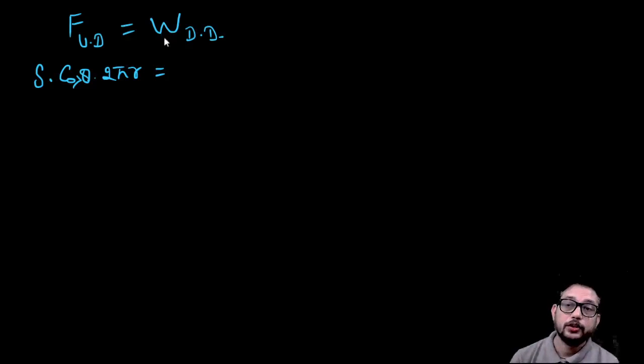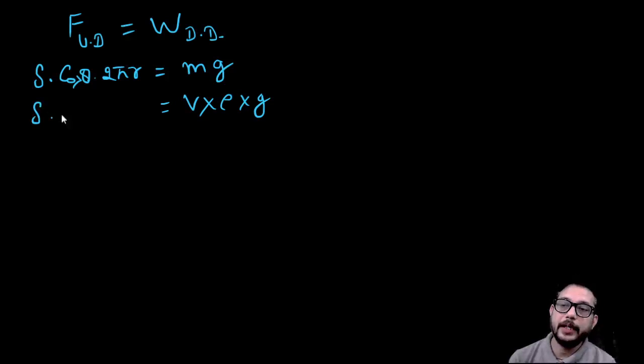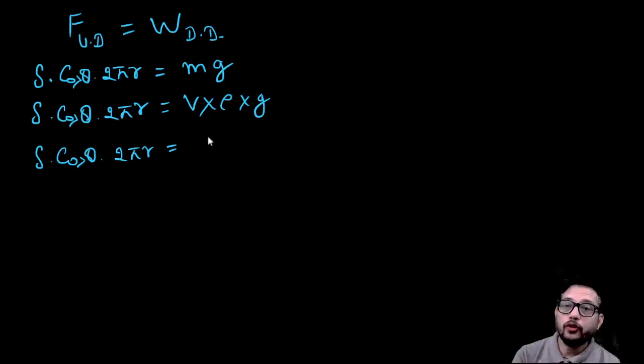Now the weight is nothing but mg, where m is volume into density, so mg is volume into density into g. So S cos theta into 2 pi r is equal to, and now volume: volume is area into height.